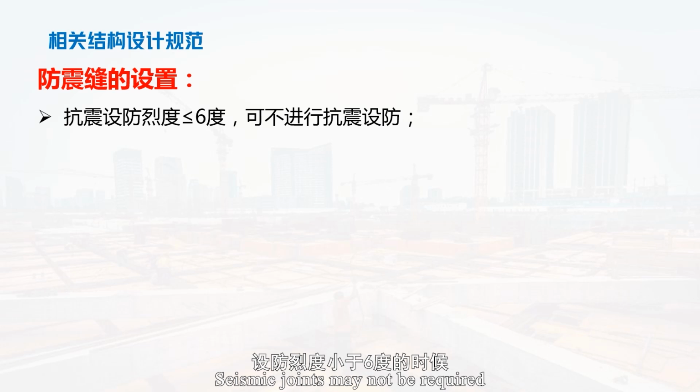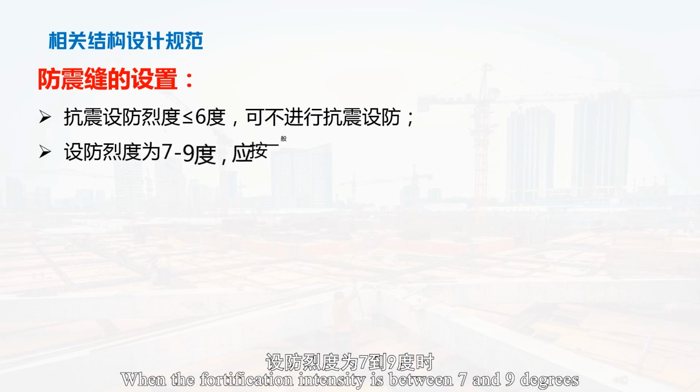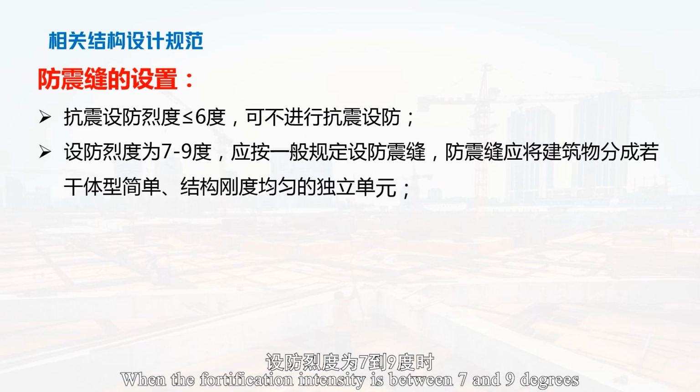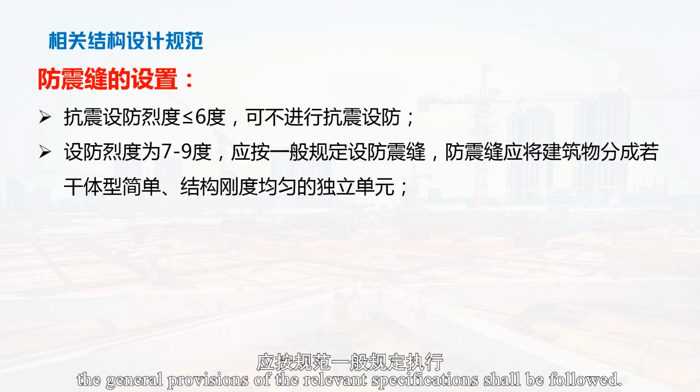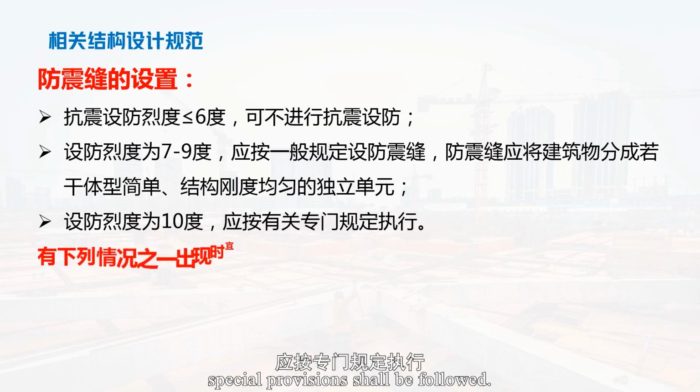Seismic joints may not be required when the fortification intensity is less than 6 degrees, when the fortification intensity is between 7 and 9 degrees. The general provisions of the relevant specifications shall be followed when the fortification intensity is 10 degrees. Special provisions shall be followed.